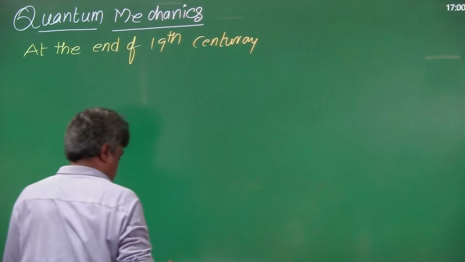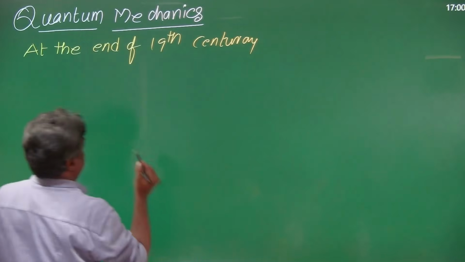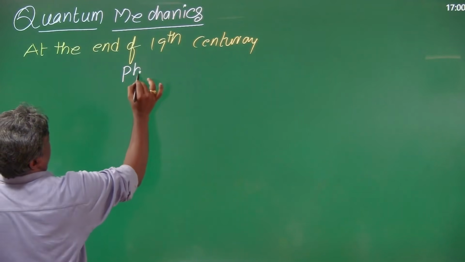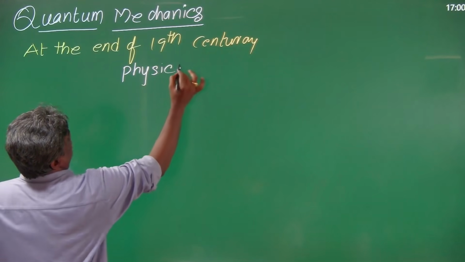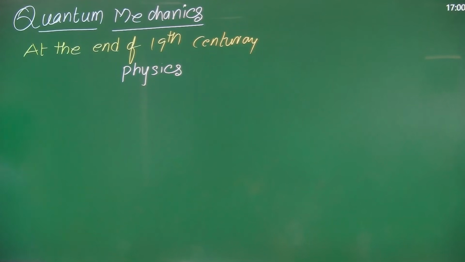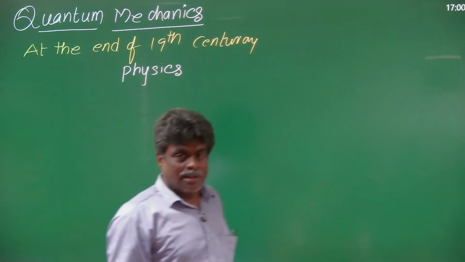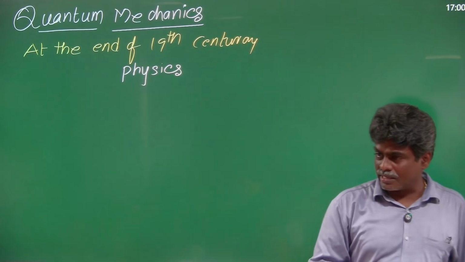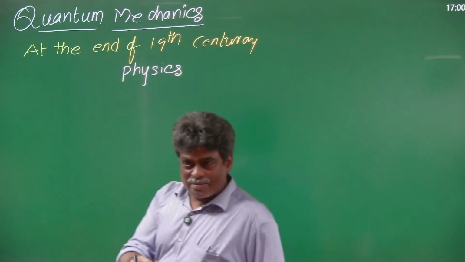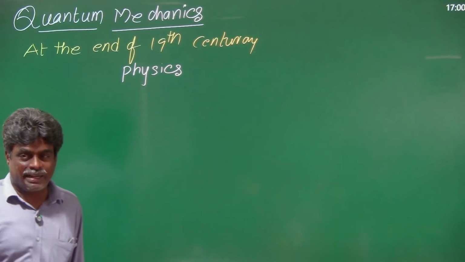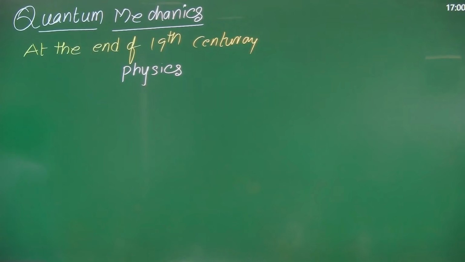We have physics, of course. We have three main branches. Anybody knows what the main branches were at the time? Classical mechanics, electromagnetic theory, and thermodynamics.